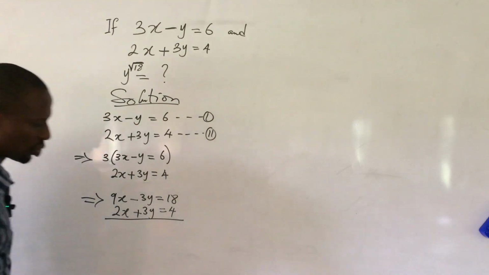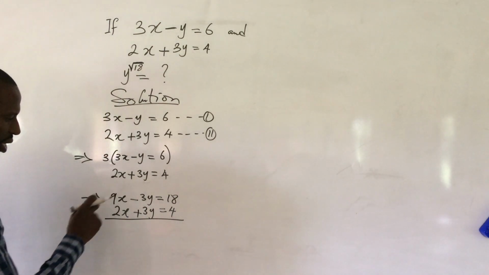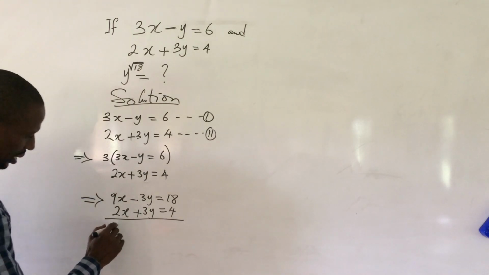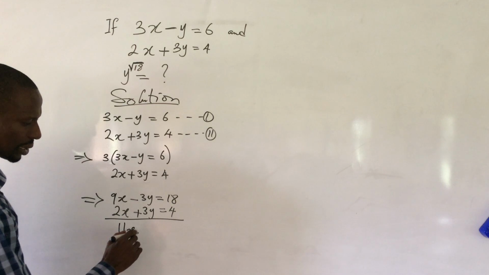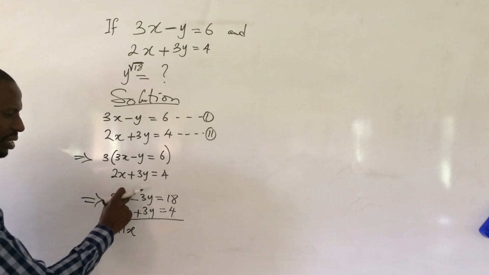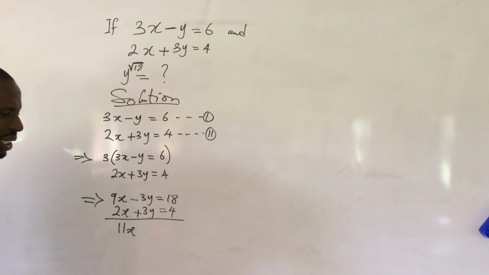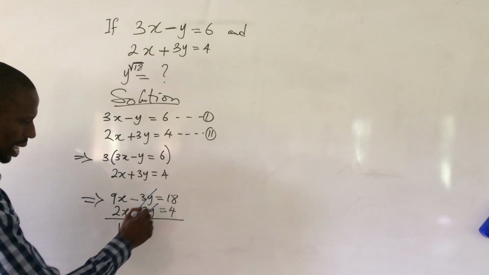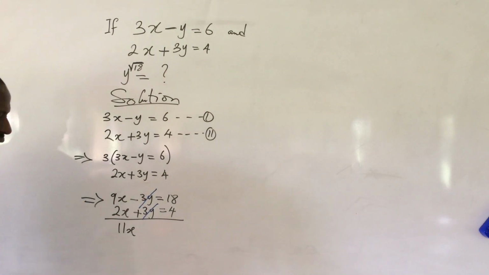So adding equation 1 to equation 2, 9x plus 2x will give us 11x. Then minus 3y plus 3y, the two of them will eliminate themselves, so this and this will give us 0.